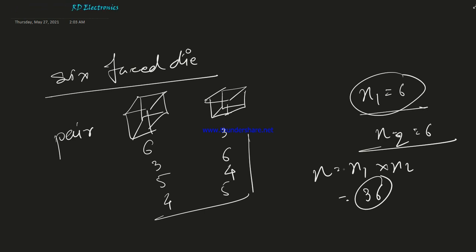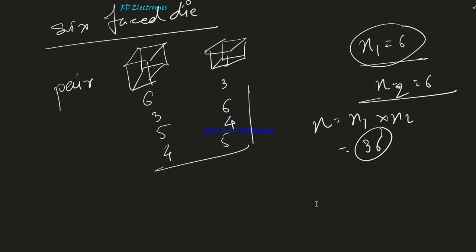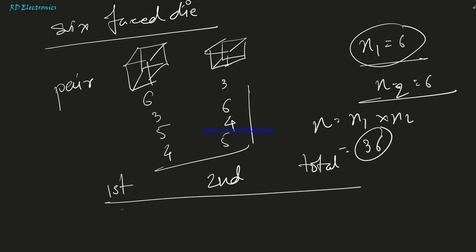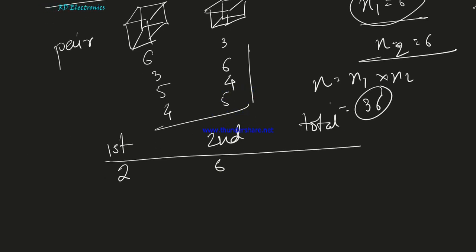Now the sum of the numbers which show up will be 8 for the following combinations. Here we consider a table, one for the first die and one for the second die. Consider the first die equal to 2 and the second 6, then the sum is 8. For 3 and 5, the sum is also 8.